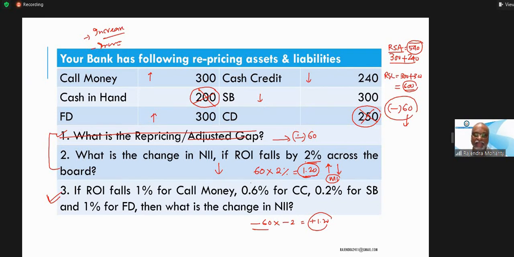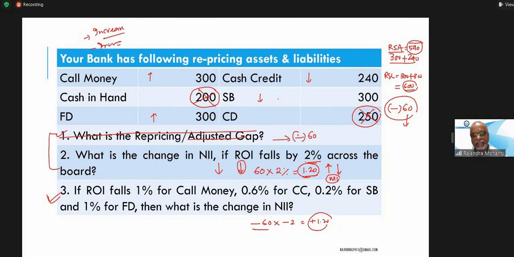Here, only a fall was there, so you applied this. Suppose this is just 1% applicable to all the assets and liabilities. Suppose interest rates change with different magnitudes in different directions. In that case, what will be applicable? How will you apply it?